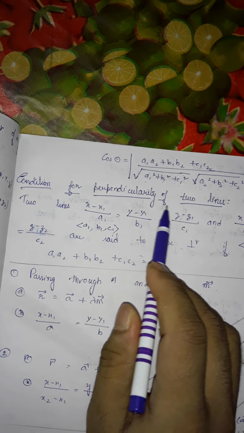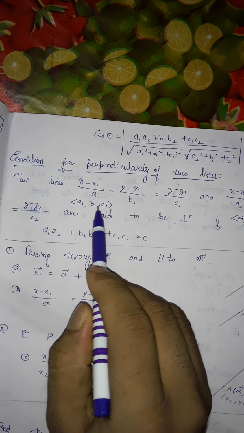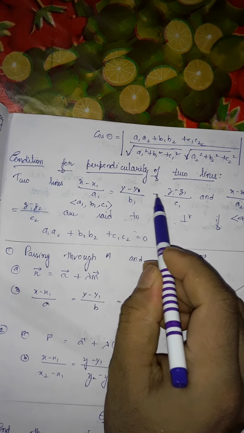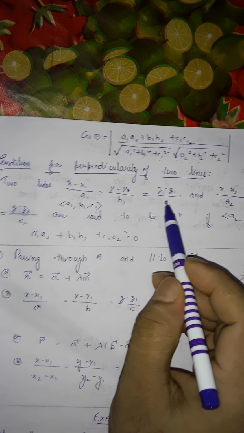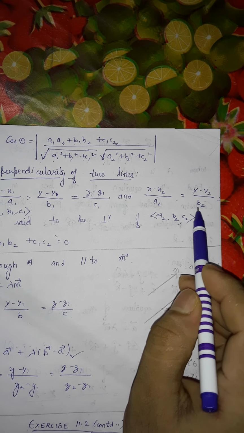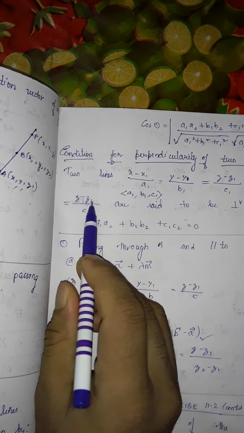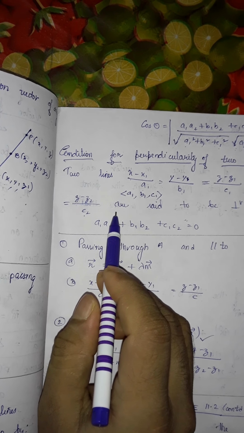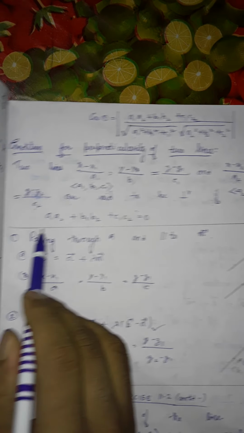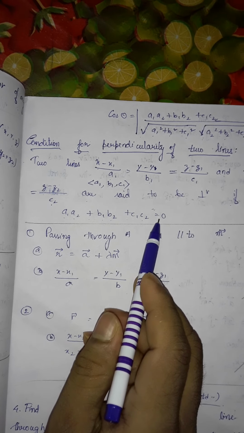Condition for perpendicularity of two lines. The two lines x minus x1 by a1 equal to y minus y1 by b1 equal to z minus z1 by c1 and x minus x2 by a2 equal to y minus y2 by b2 equal to z minus z2 by c2 are said to be perpendicular if a1 into a2 plus b1 into b2 plus c1 into c2 equal to 0.